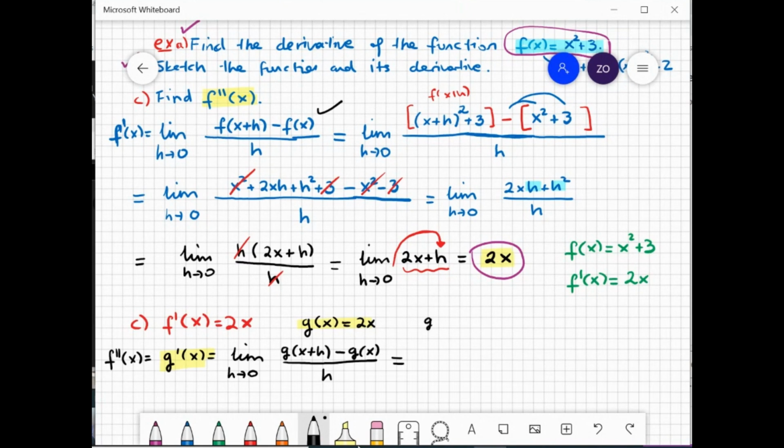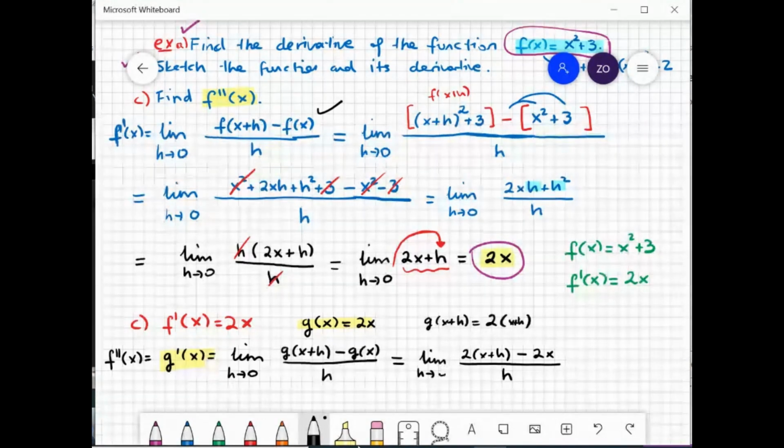And what is g of x plus h? Since g multiplies everything by 2, it is simply going to be 2 times x plus h, minus g of x itself, which is 2x, divided by h, as h goes to 0.